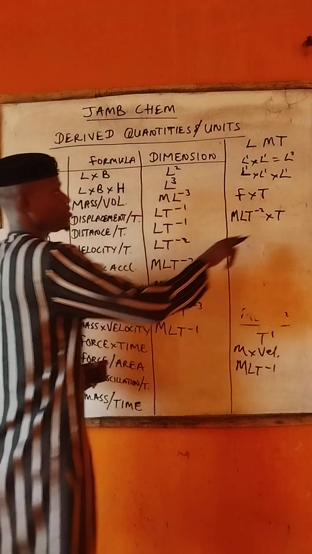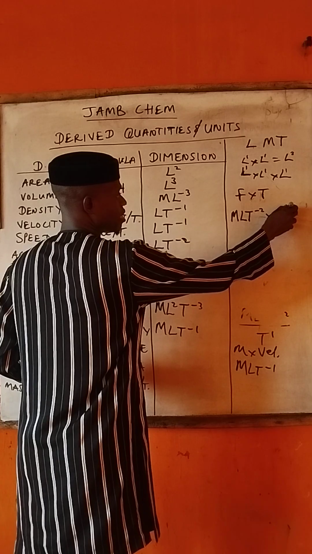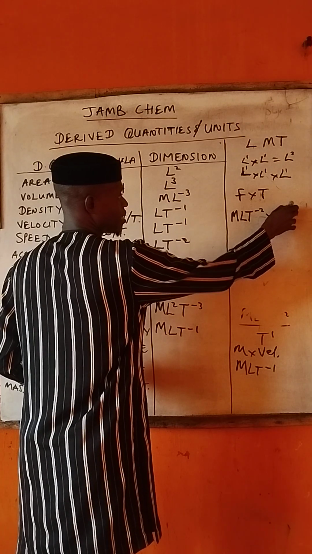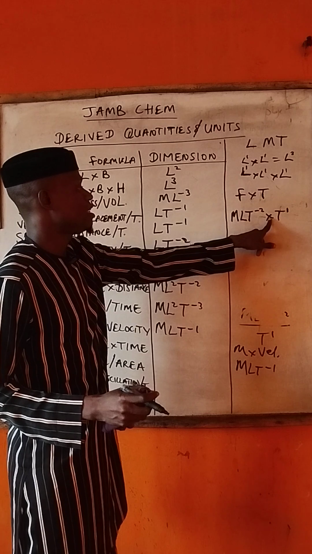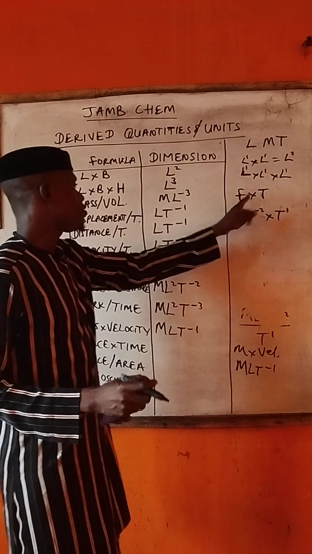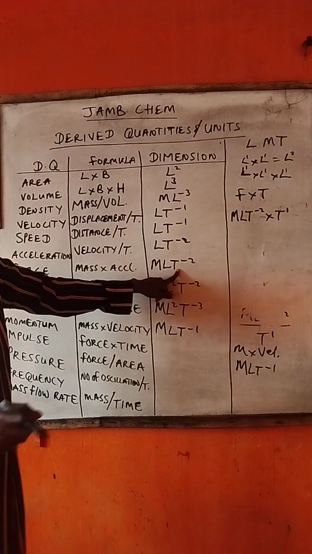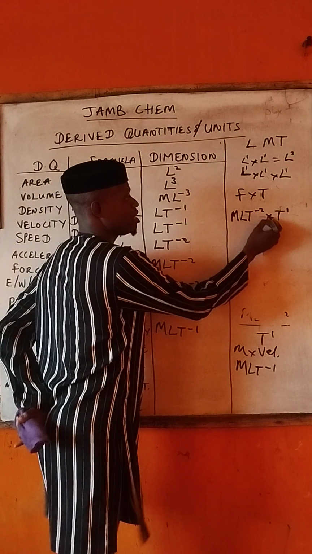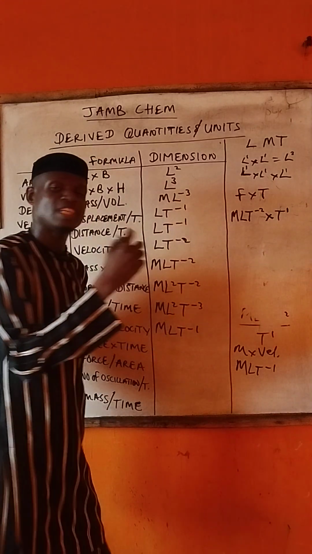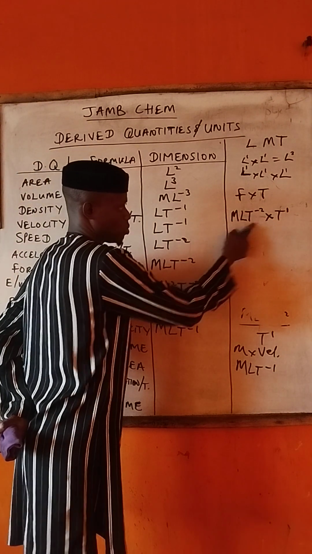Multiplying by T, we have minus 2 plus 1 for these two to match together.